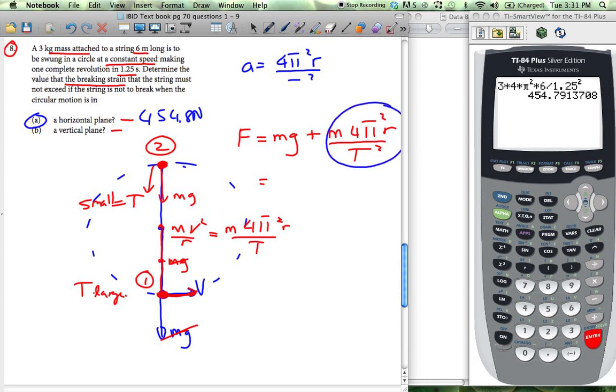This is what we worked out there. So your force is equal to mg, which is going to be, we were told 3, and I'll use times 10, plus this over here, which we've already calculated, is equal to 454.8. So it's going to equal 484.8 newtons will be your tension, your maximum tension, which will be at this point here.